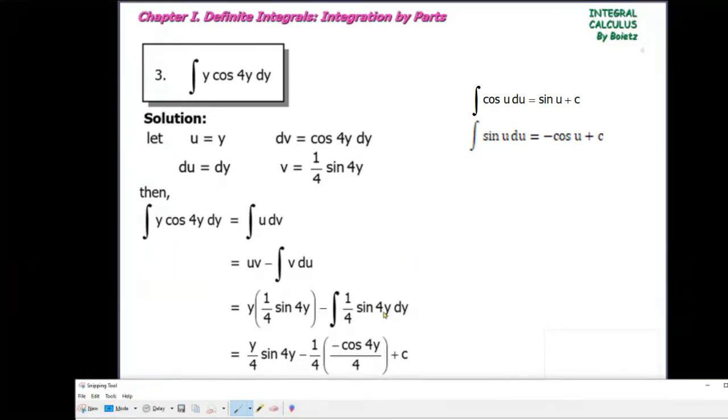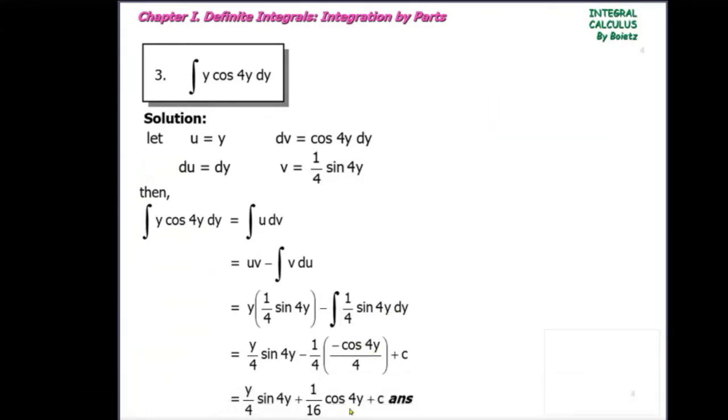So magiging walang 4 dito, so magkakaroon ng 1/4. Then integral ng sine is negative cosine u or cosine 4y. Then plus c. Kaya pag tinuloy mo yon, sinimplify mo, y over 4 sine 4y, then minus 1 over 16 cosine 4y plus c. And that is the answer.